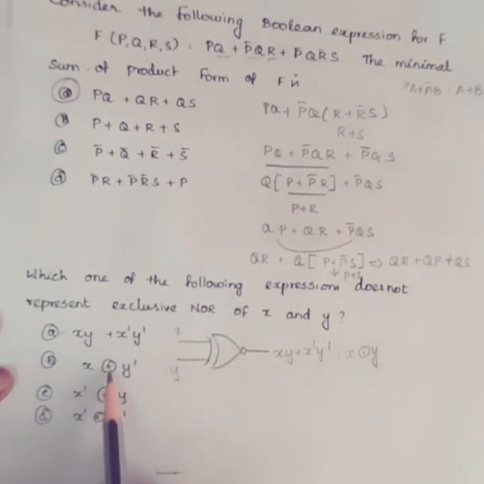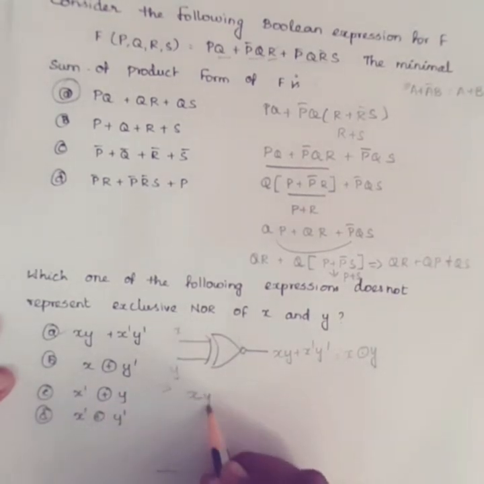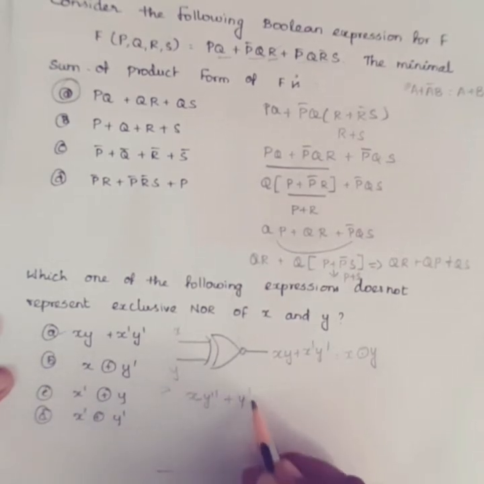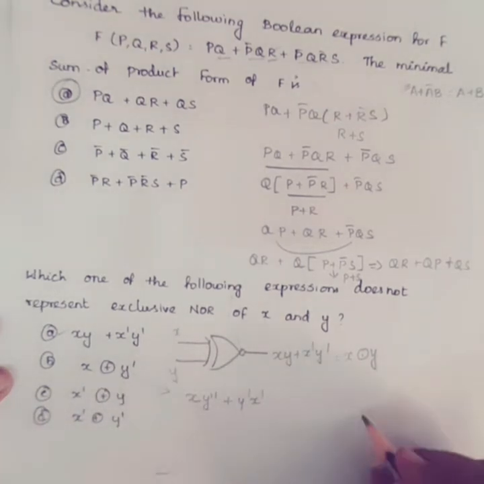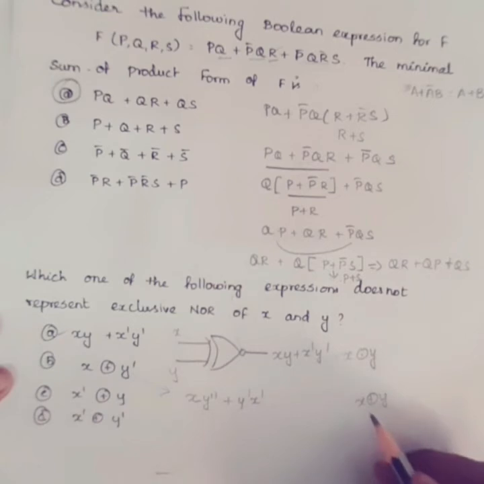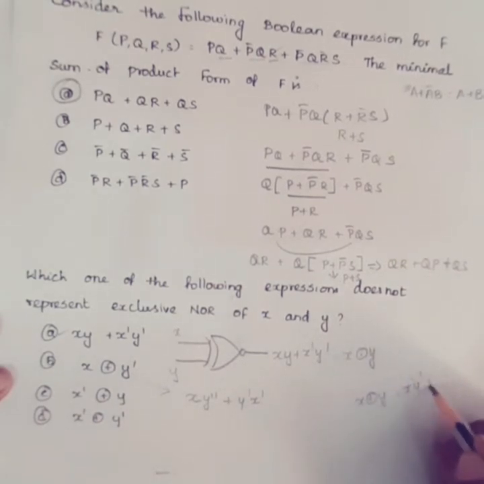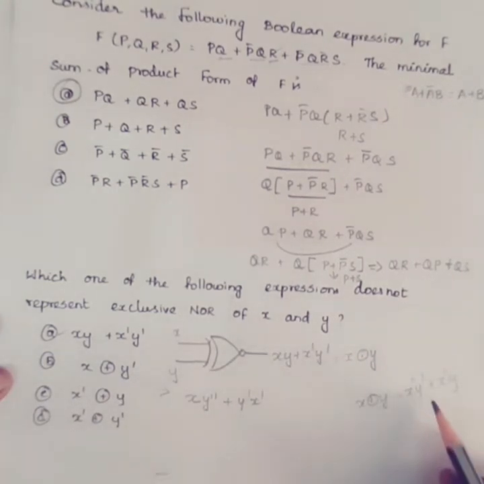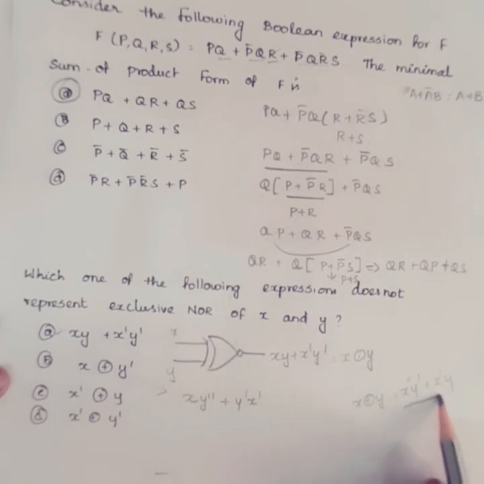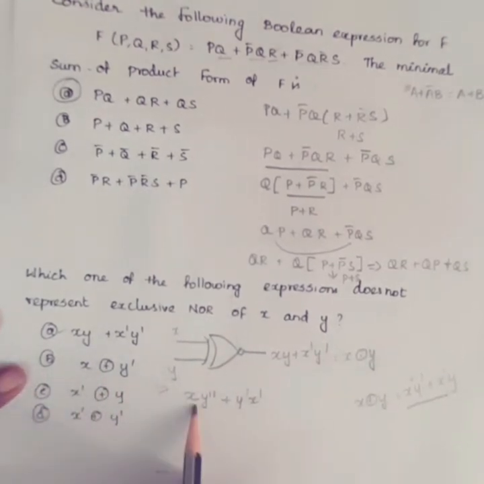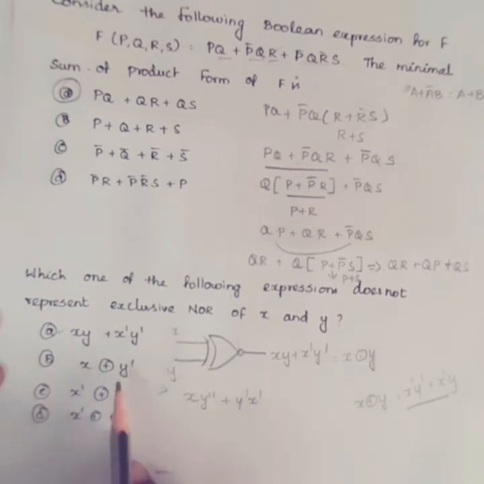Next one, X exclusive OR Y dash. Writing the expression, you get X Y double dash plus Y dash X dash, because exclusive OR of X and Y is X Y bar plus X bar Y. Here the first variable is X, and you complement the next variable Y. Already there is Y dash, so you put one more dash, giving Y double dash, plus the next term Y dash X dash.